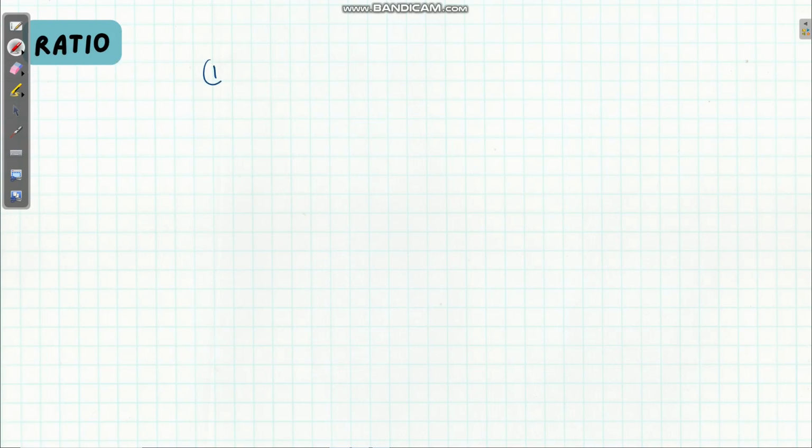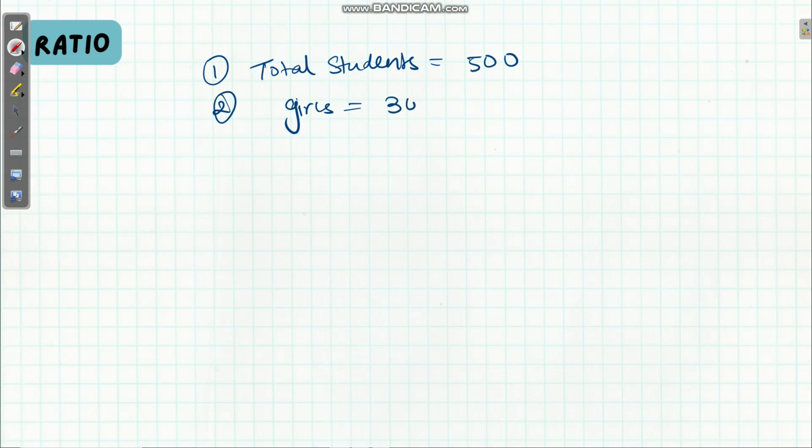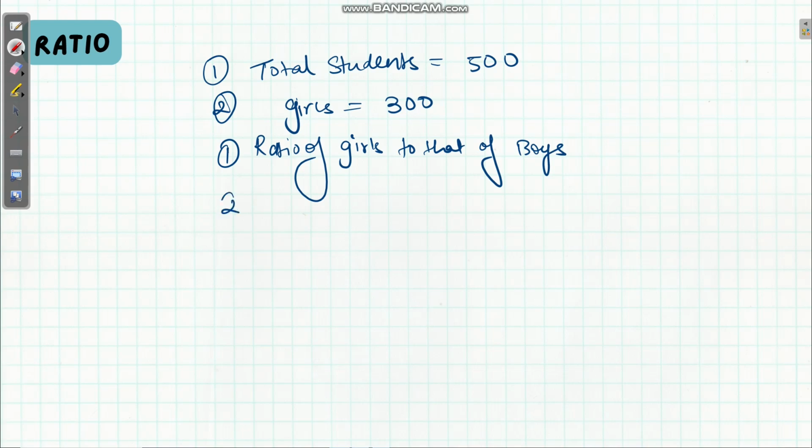For example, the total number of students is 500. Out of that, the number of girls is 300. We need to find, first, the ratio of girls to boys, and second, boys to the total number of students.